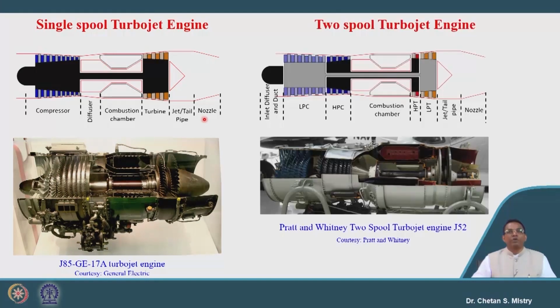Later on we introduced a new configuration, the two spool turbojet engine. We have discussed the reasons why we go with the two spool turbojet engine configuration. The major interest is in terms of generation of the thrust for a special application.